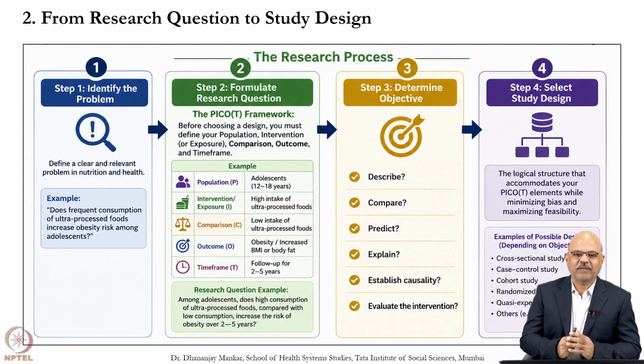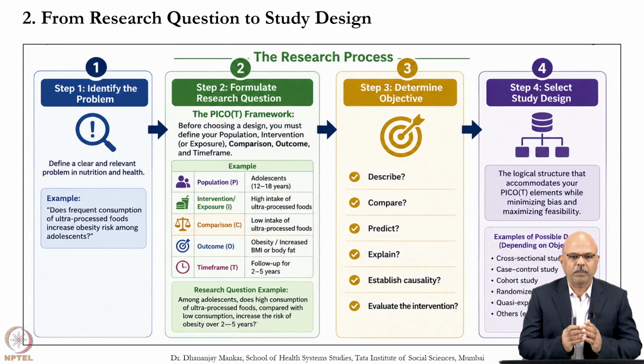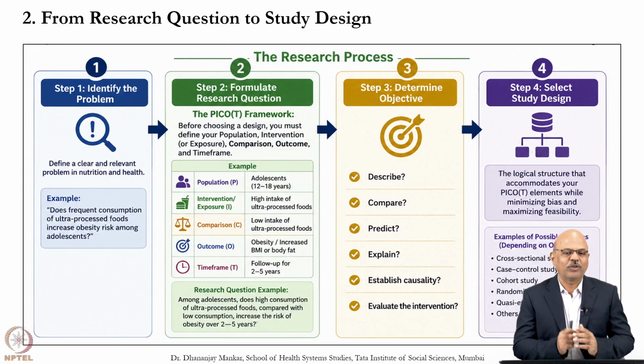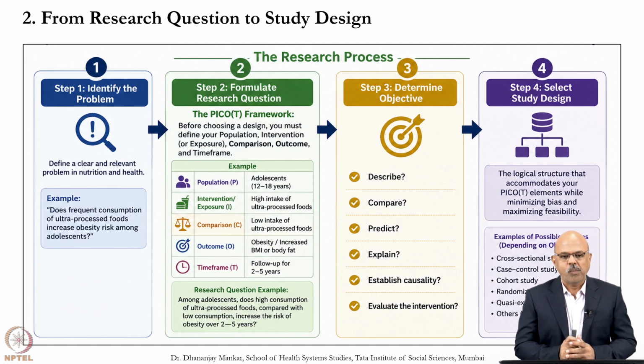So if you take for example a population between 12 to 18 years, the intervention can be high intake of ultra processed food. Comparison is low intake of ultra processed food versus high intake of ultra processed food. What is the outcome? You are expecting obesity, increased BMI or body fat. What is the time frame for this? Follow-up of 2 to 5 years.